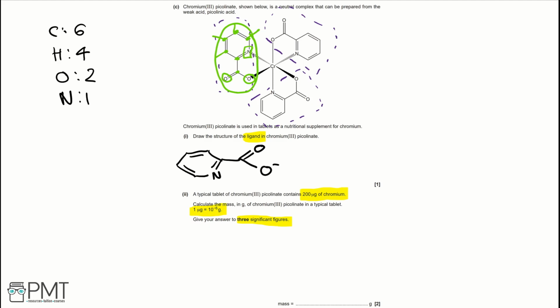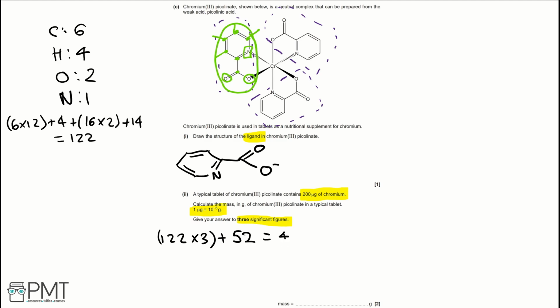Working out the relative formula mass, that gets us 6 times 12 plus 4 plus 16 times 2 plus 14, which gives us 122 as the relative formula mass of one ligand. There are 3 ligands in this complex, so we do 122 multiplied by 3, and then we need to add the relative formula mass of chromium, and that is 52. That gives us a relative formula mass of 418 for the whole complex.